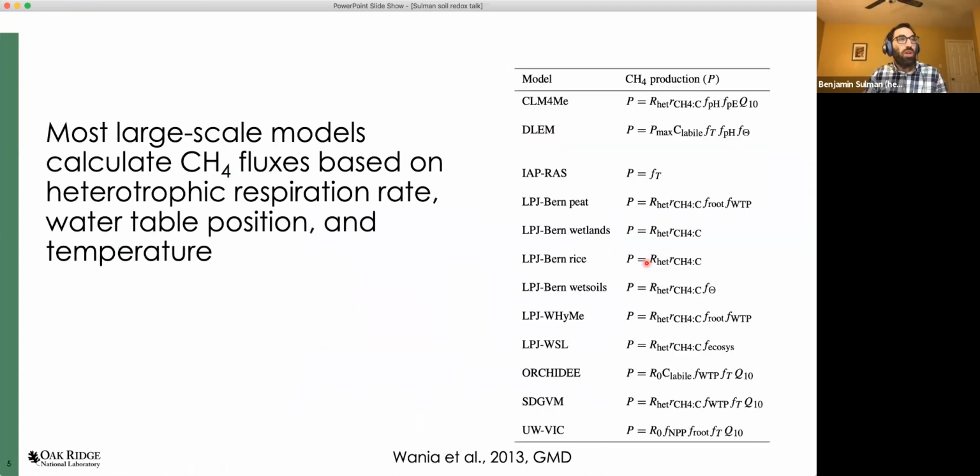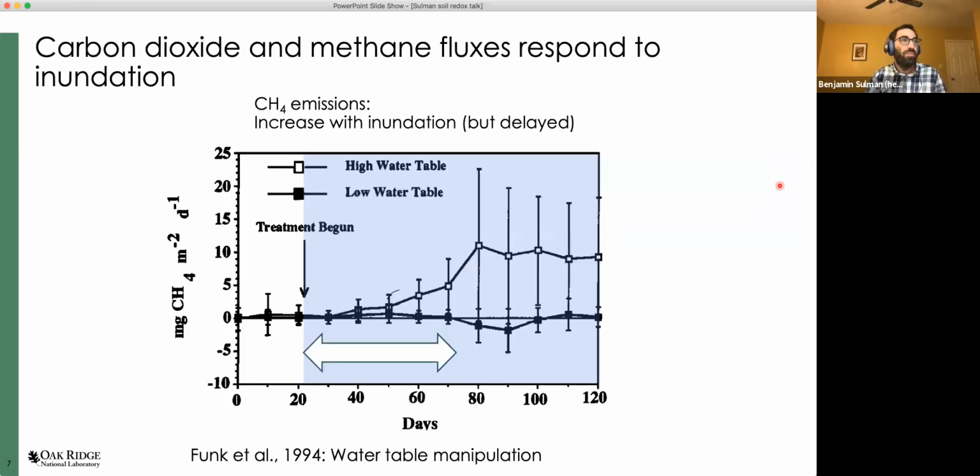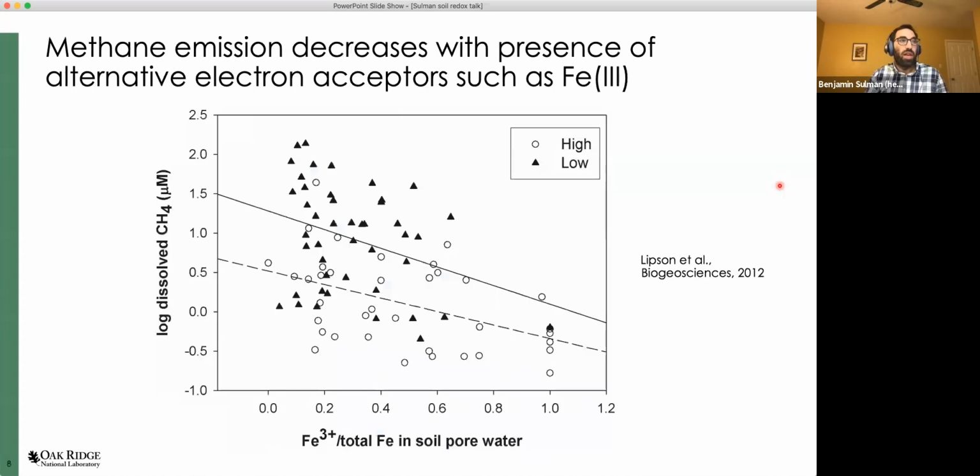One way we can incorporate that is something that was included in the CLM4Me model, which is this FPE, I believe, which is essentially a time delay function, which represents the depletion of alternative terminal electron acceptors. So that's an empirical approach to representing this type of delay.